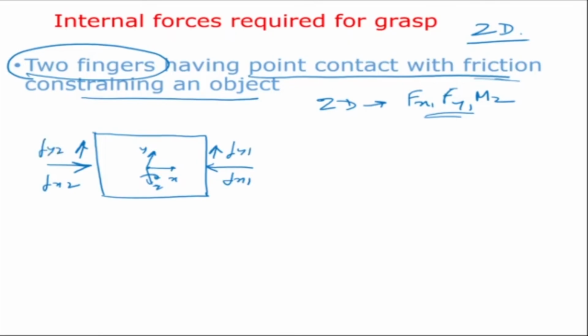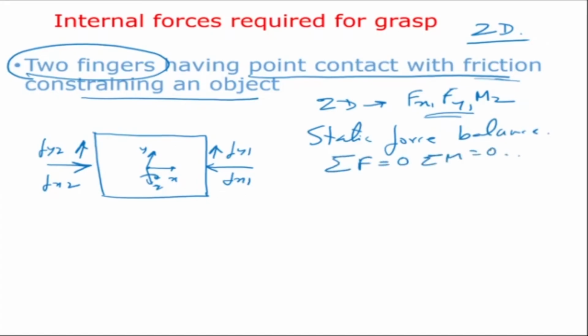Now from static force balance equations, we know that sigma F must be equal to 0 and sigma M must be equal to 0 for this to be in static equilibrium. So for this system to be in static equilibrium, which is subjected to forces Fx, Fy and Mz at the center, we are applying two fingertip forces.